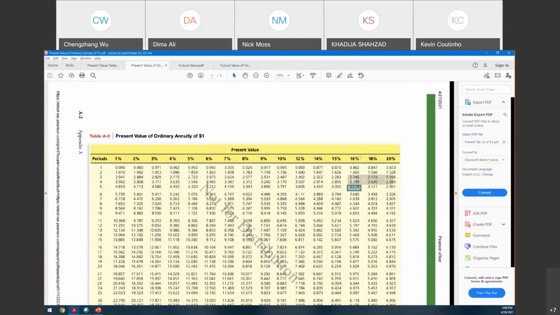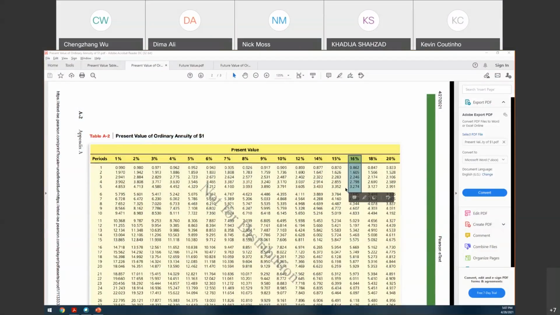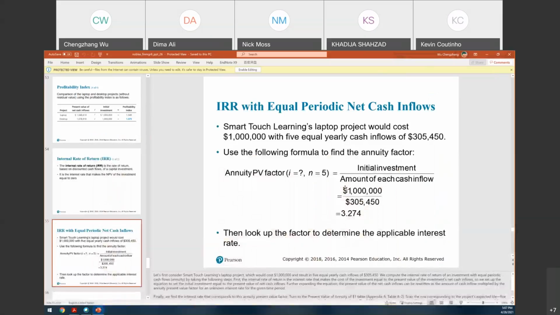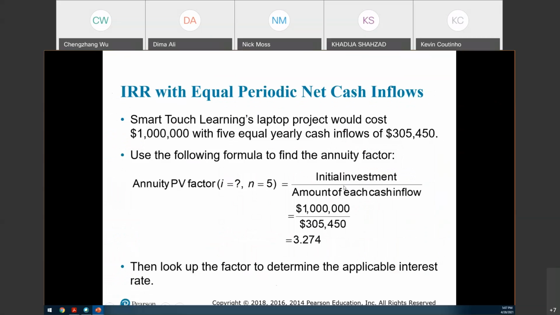And we can see that this factor corresponds to the interest rate of 16%. So in this case, we know that the IRR is 16%.